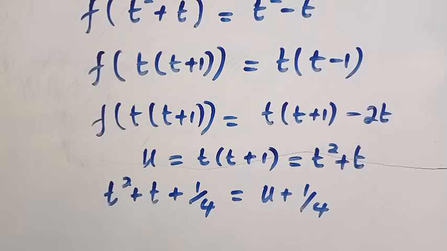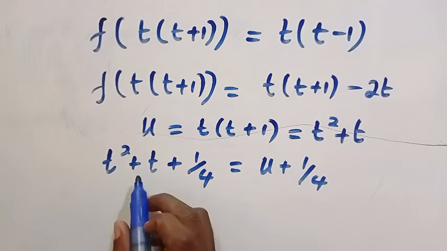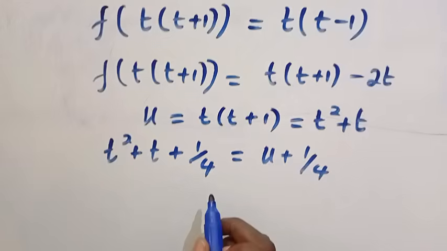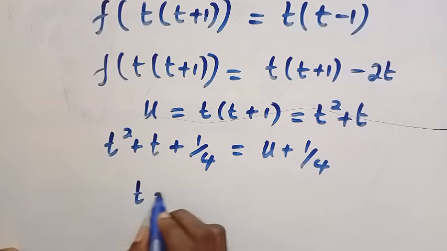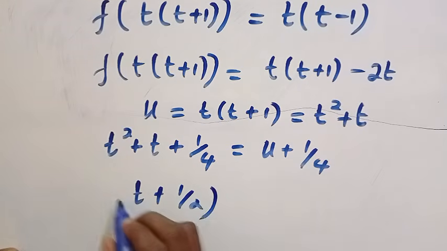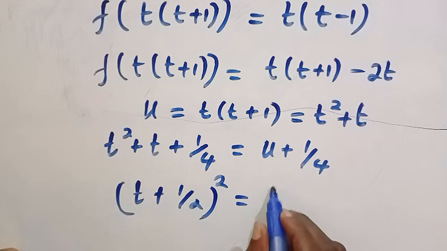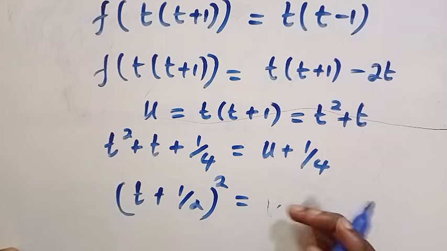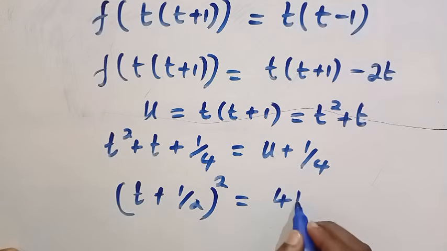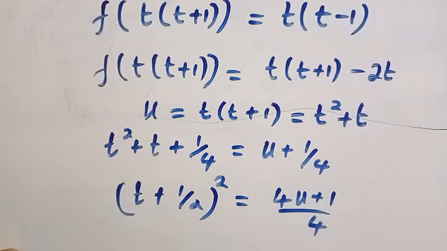So t squared plus t plus 1 over 4 is given as t plus 1 over 2 all squared, equals 4u plus 1 divided by 4.